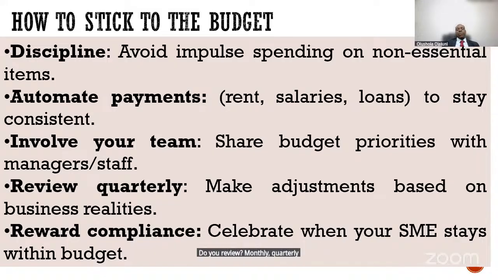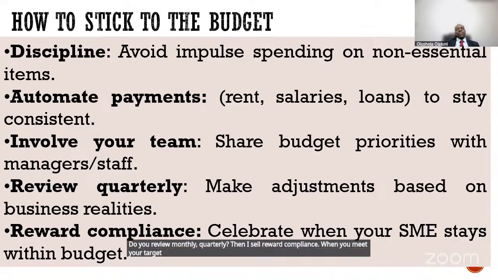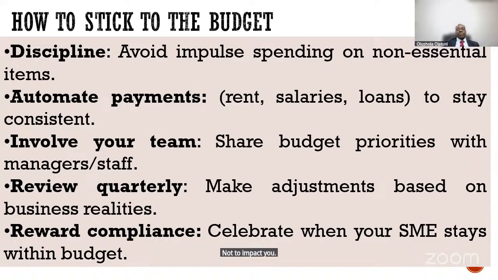Then I said reward compliance. When you meet your target, when you meet your budget, celebrate. Not throw a party, but with your team, just you guys, thumbs up. You guys did well, and you continue. That's just a little motivation for them that you guys are doing well. It might not be monetary.